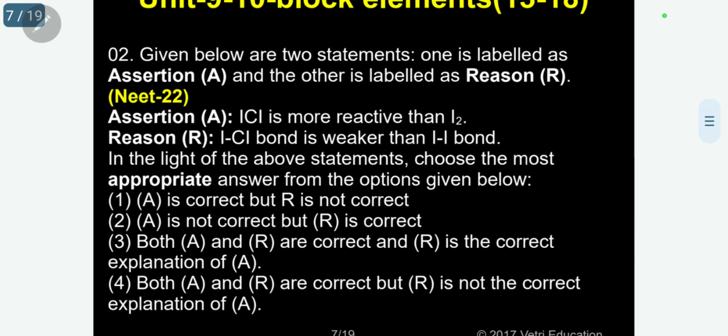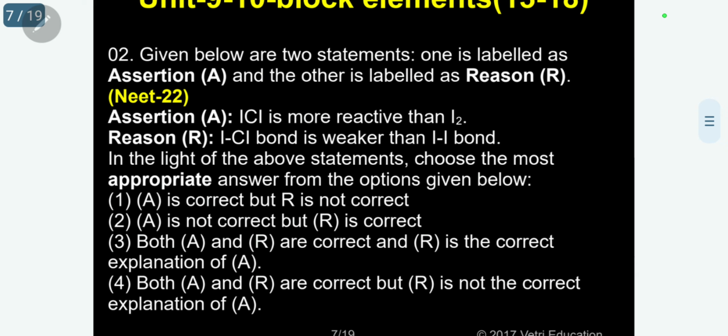I will read one by one. 1. A is correct, but R is not correct. 2. A is not correct, but R is correct. 3. Both A and R are correct, and R is the correct explanation of A. 4. Both A and R are correct, but R is not the correct explanation of A.